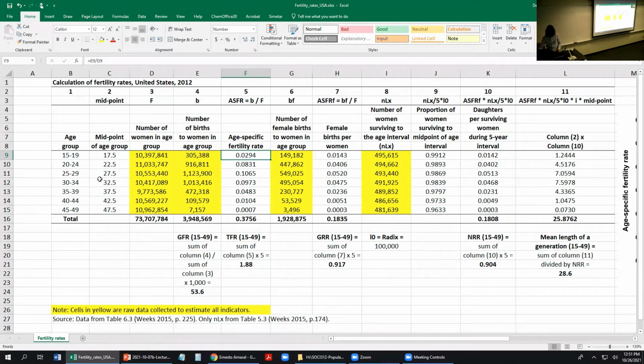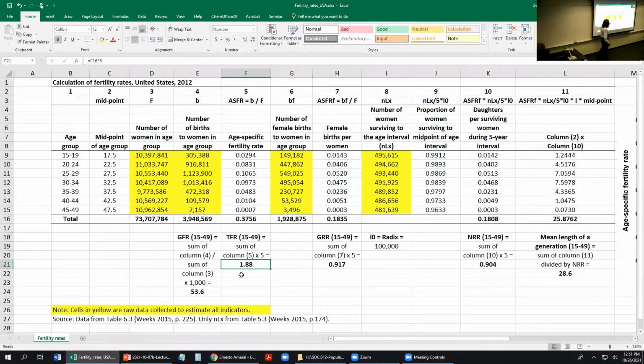So we add them up here, and then afterwards we get the sum of all these age-specific fertility rates and multiply by 5. This is the most common measure of fertility that we usually hear.